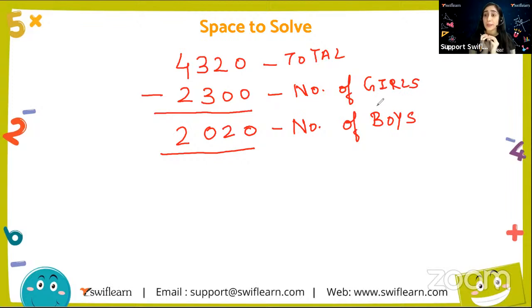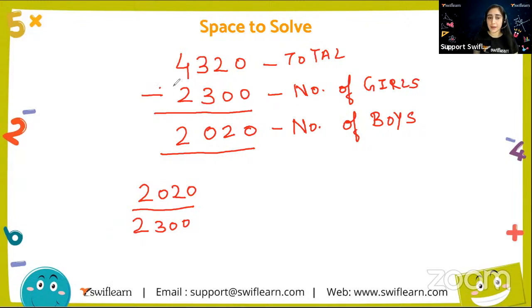We had to know the comparison of the number of boys to the number of girls, not with the total. So the number of boys is written first, on the top. So I'll write 2020 on the top, and I'm comparing it to the number of girls, and that is 2,300.